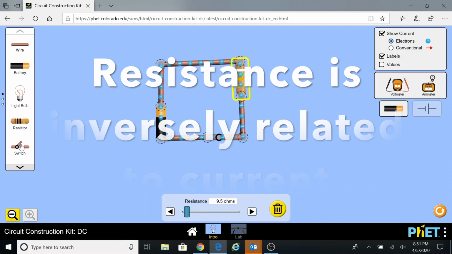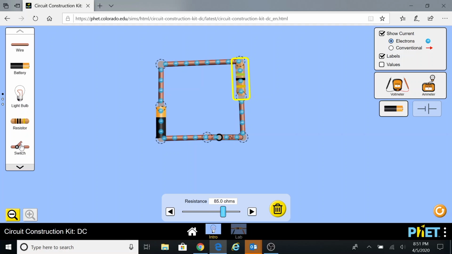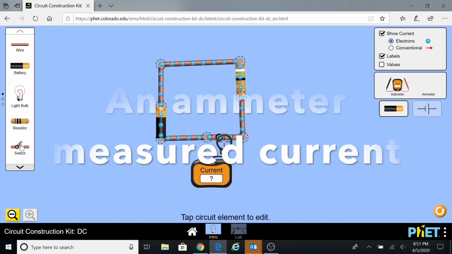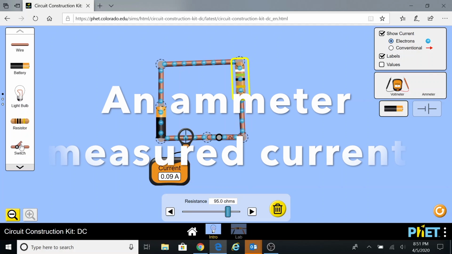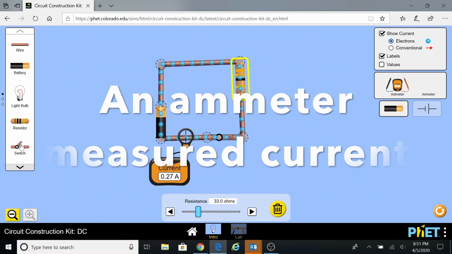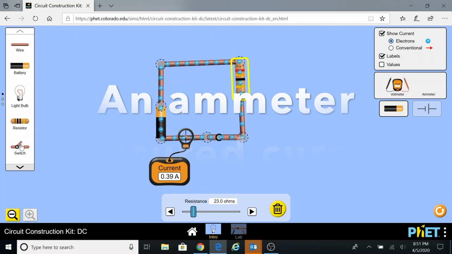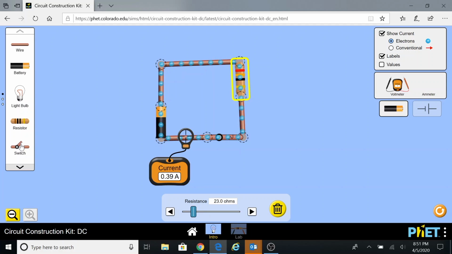As you increase the resistance, the electrons slow. And we can measure the flow of electrons using an ammeter. As you can see, the current increases as the resistance decreases, and the current decreases as the resistance increases.